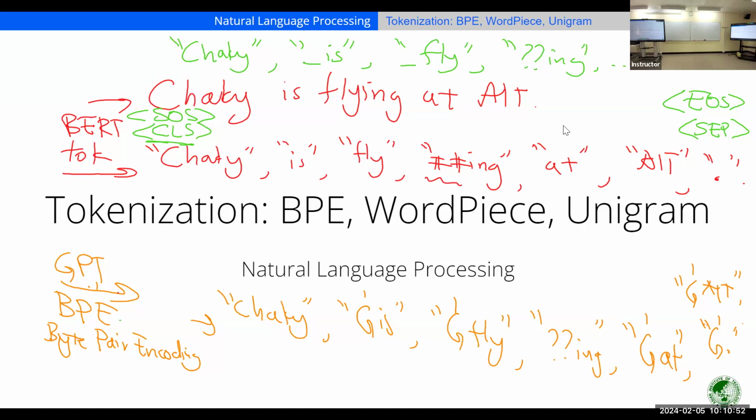Where am I now? So yeah, which tokenizer would I know to use, right? Well, you don't have to know which tokenizer to use.